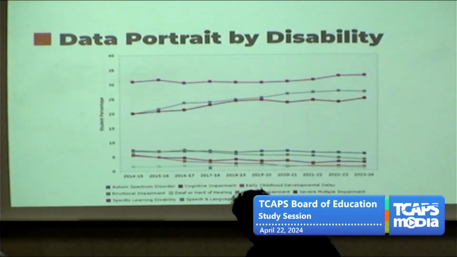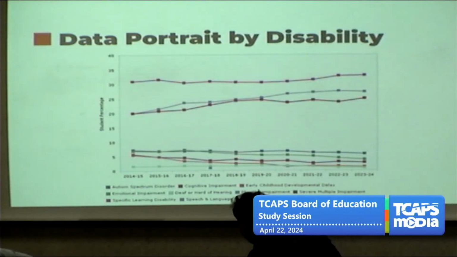You'll notice that purple line, the second one down, is our students who are qualifying for speech and language services. If we notice the dates, we can see a clear correlation potentially between COVID, the 2021 school year, and moving up. There's been an upward tick of those students who are qualifying for speech and language services.